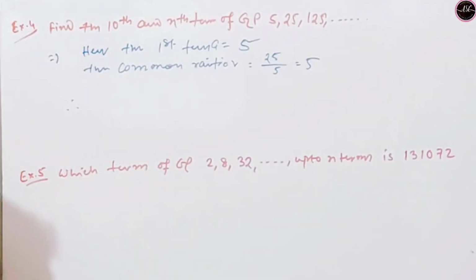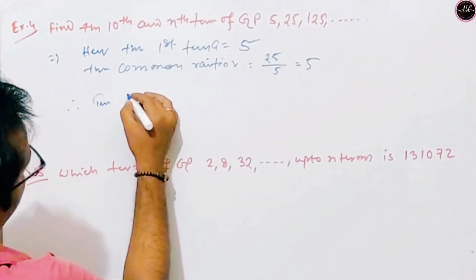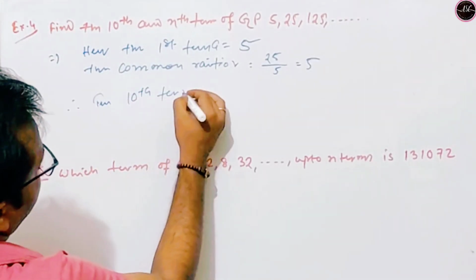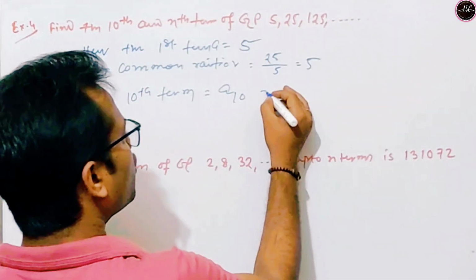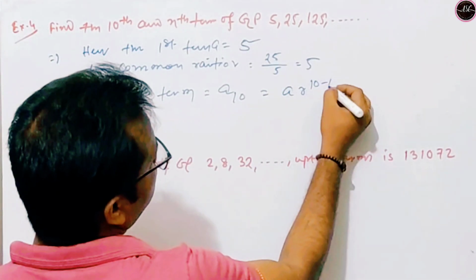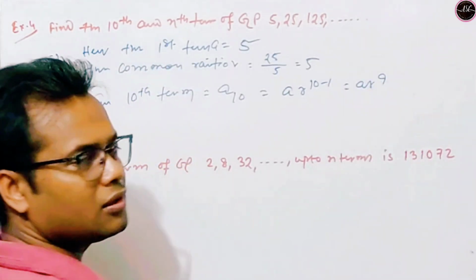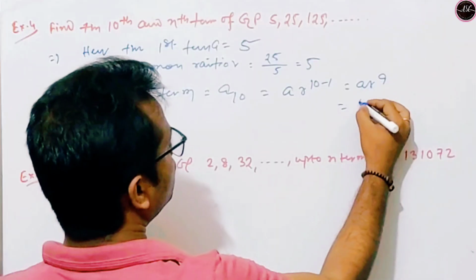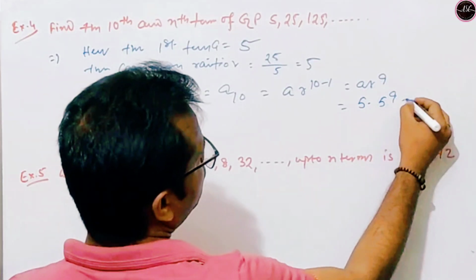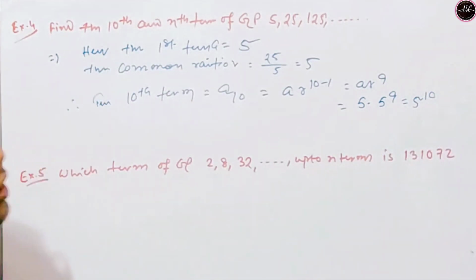So we know the formula. The 10th term a10 equal to a r to the power 10 minus 1, so a r to the power 9. Just put here the value of a and r. So 5 into 5 to the power 9, so 5 to the power 10 will be the answer.